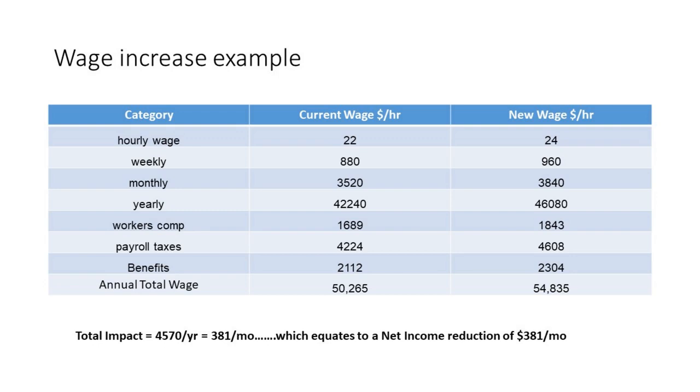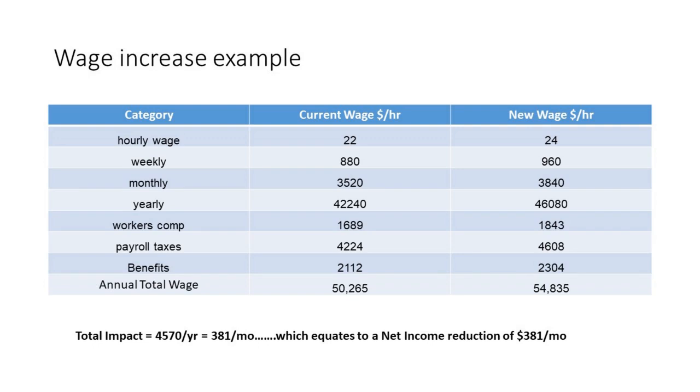And so, looking at that monthly impact, what this tells us is that this wage increase will reduce our gross profits and it will reduce our net income by $381 per month. And so that is the determination of the impact of the wage increase on business profitability.